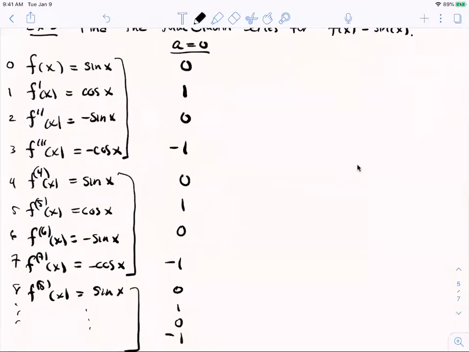Maybe I'll switch to a highlighter so it'll stay. When do we get non-zero terms? Well, we got one on the first derivative, the third, the fifth, the seventh, only the odds. When we're on an even derivative, we get zeros: 0th derivative, second, fourth, sixth. So I only want to keep the odd terms.